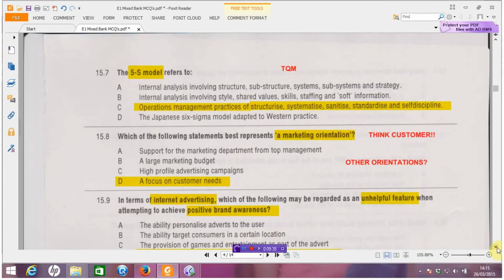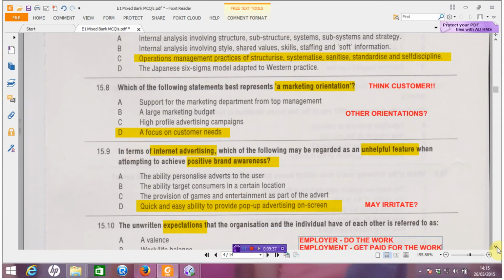Now 15.9 here, we're talking about internet advertising, and we're asked to suggest what would be unhelpful. Think about your own personal experience. The one I've gone for here, which is the correct answer, is these pop-up advertisements, and you will have seen those yourself. They can be a little bit annoying, a little bit irritating. They've asked us for an unhelpful feature.